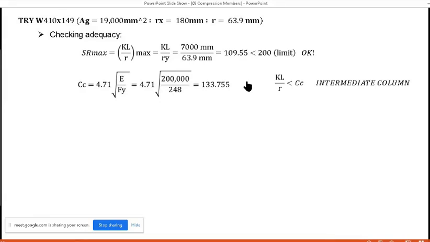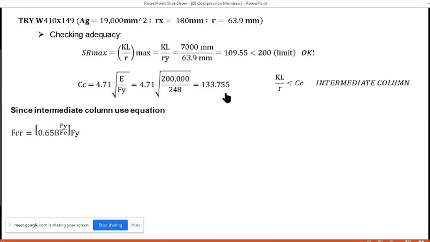That is an intermediate column. Since our column is an intermediate column, we will use this equation. That is the FCR is equal to this values and equation. Kasi nga intermediate, ito yung gagamitin nating equation.